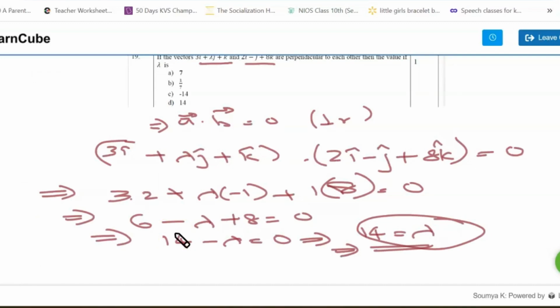So 3i and 2i, you have to find out their values together. 3 into 2, then comes lambda into minus 1, then comes 1 into 8. So it is equal to 0 on the right hand side because of perpendicularity. And here 6 minus lambda plus 8 you will get, and after solving you will get the value of lambda as 14. Let's check which option is matching to it. So this D option is the correct answer for 19th question.